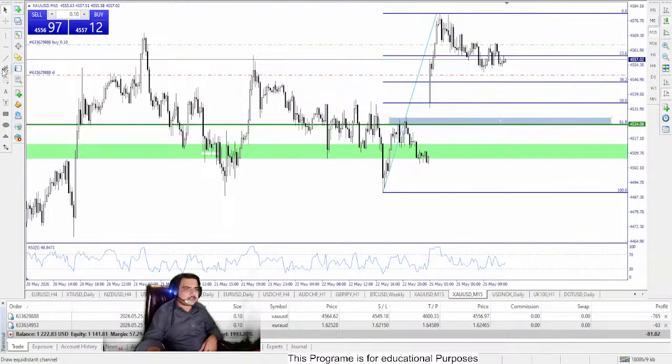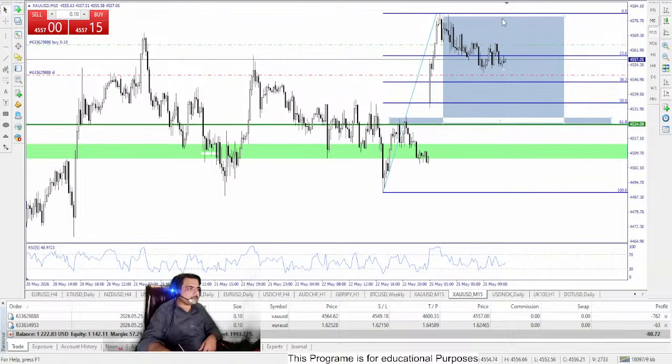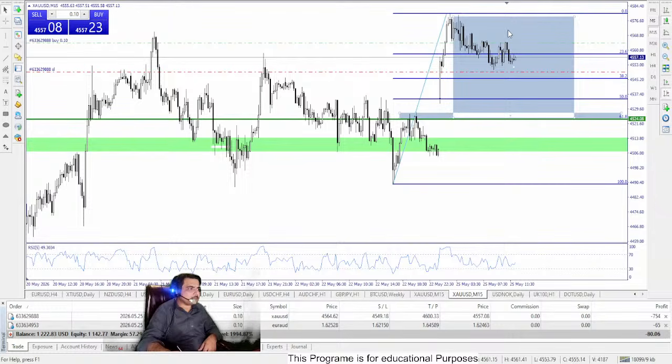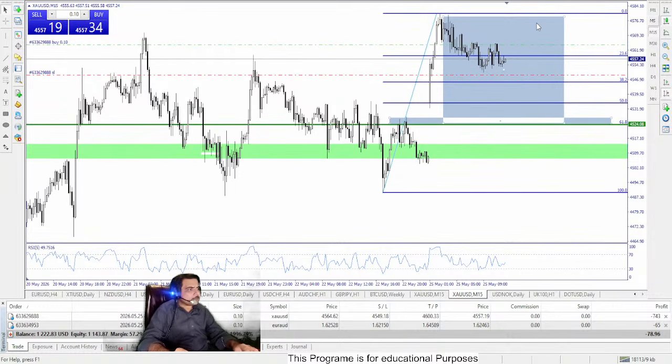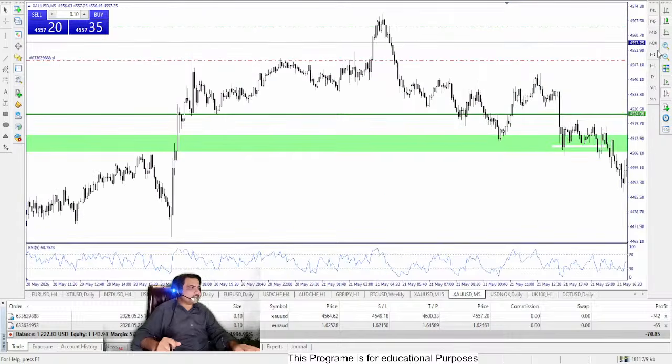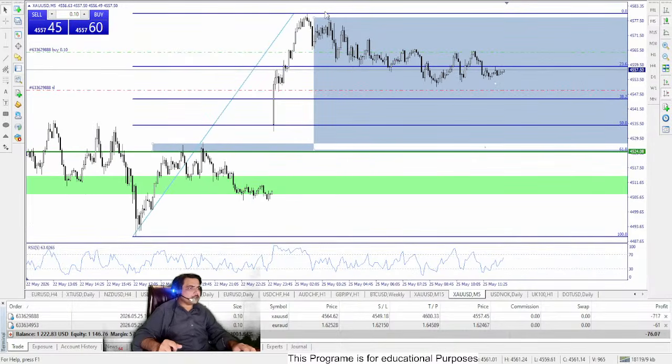So if we say market is doing this first, we will obviously need to see that okay, market took a reversal from up there, and since then it created this trend.